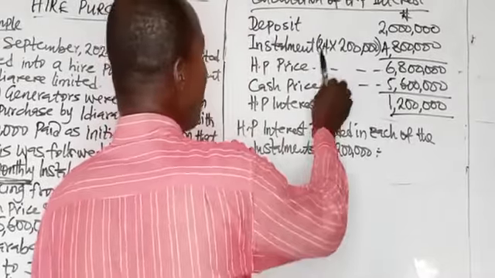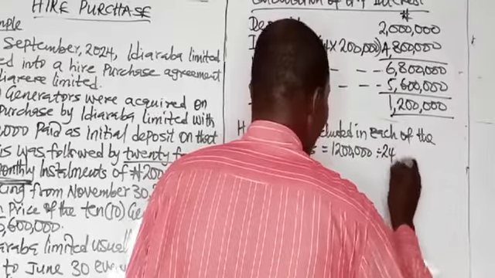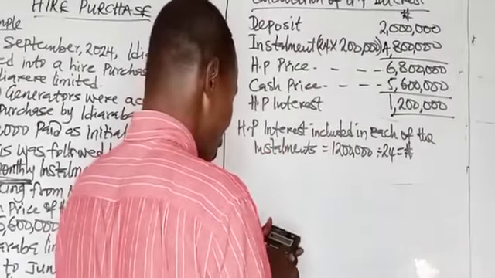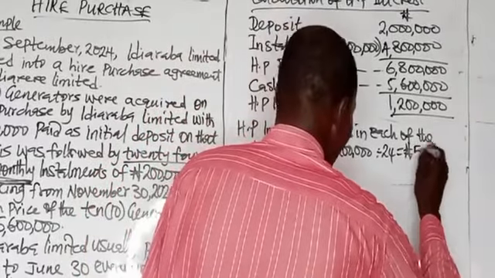We have 24 equal monthly installments, so divided by 24. 1.2 million divided by 24, you have 50,000 naira.